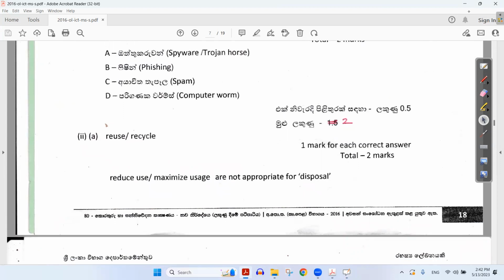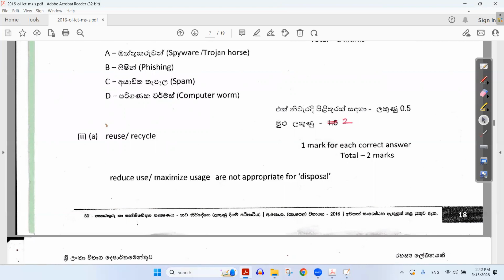Because reducing is not disposing. It is the technique of limiting the usage, right? So because of that, reduce is not given the marks. Only the reuse or the recycle will be given.